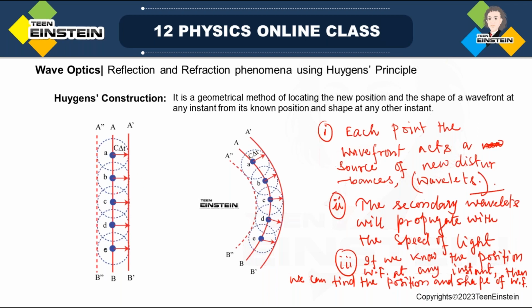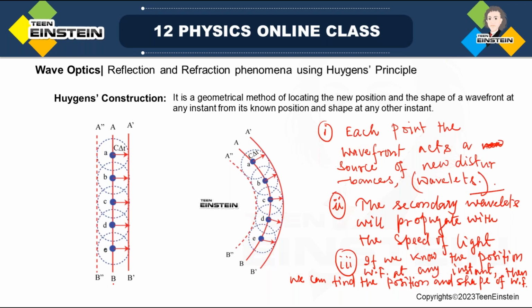We had taken these examples. Whether you take a plane wavefront or a curved wavefront, maybe a spherical wavefront, anything you can take. For both figures, suppose at any instant of time the position of a plane wavefront is AB.